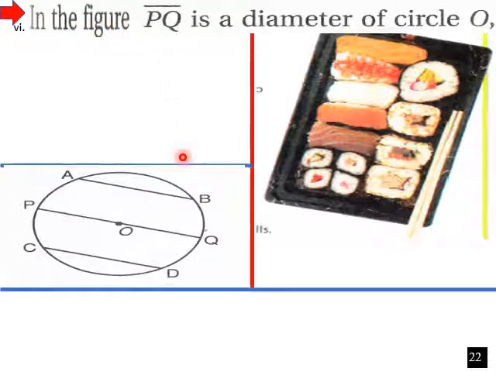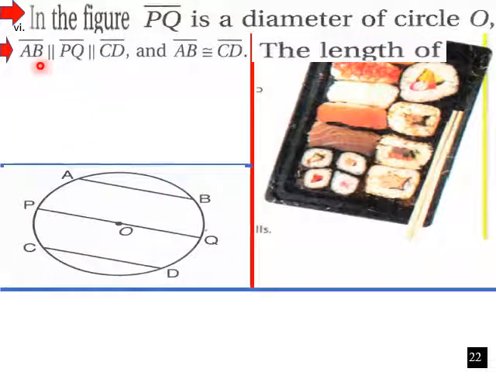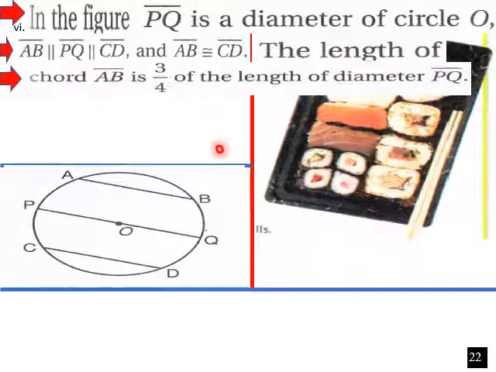In the figure, segment PQ is the diameter of the circle here. And segment AB is parallel to segment PQ, and AB is congruent to CD. The length of chord AB is 3/4 of the length of the diameter, so this is 3/4 of this here.